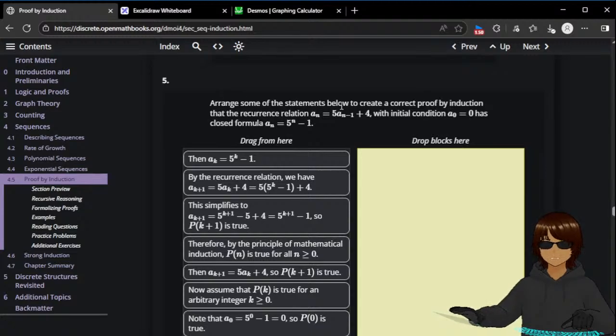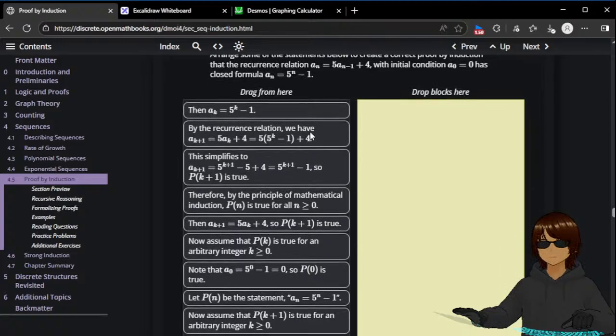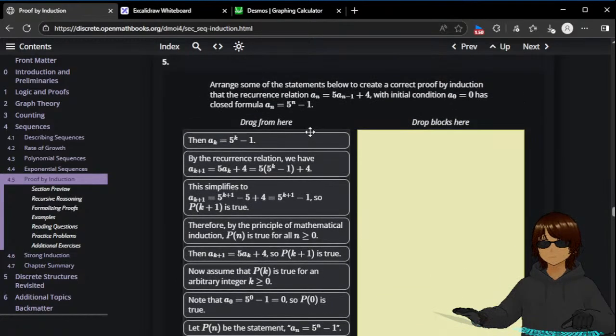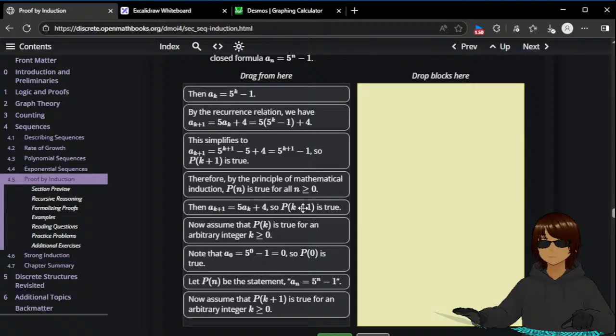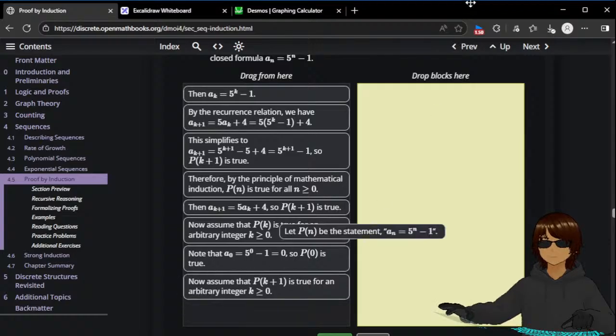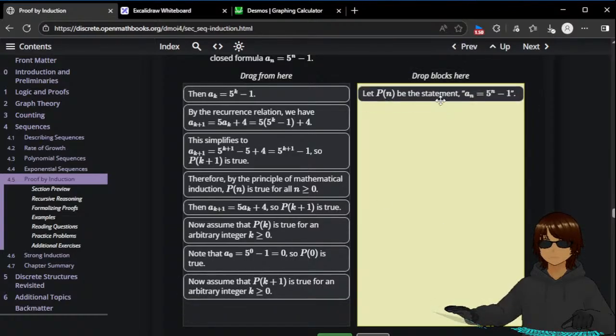Arrange some of the statements below to create a correct proof by induction that the recurrence relation with the initial condition a0 equals 0 has the closed formula an equals 5 to the power of n minus 1. So we define the Pn statement first.